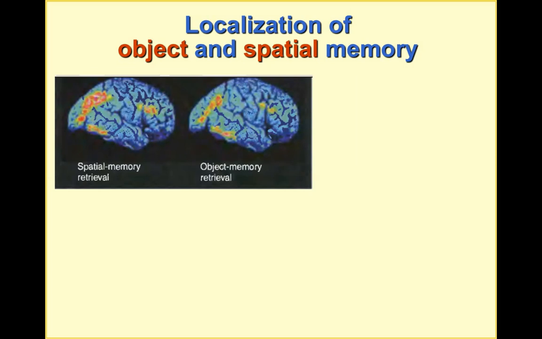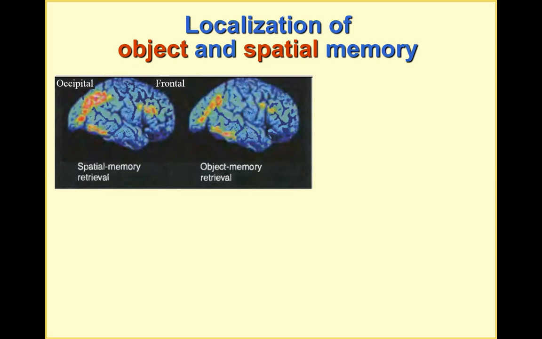Let's see again this localization of object and spatial memory. Now you can see exactly the visualizing technique, which is the positron emission tomography, that enables us to find areas with highest activity at the moment. Of course, the rest of the brain is also active, but it removes the basal activity, and there remains shown in colors only highest activity. And here, the frontal lobe is located to the right, and occipital lobes to the left side. And you see here there are two cases: spatial memory retrieval and object memory retrieval.